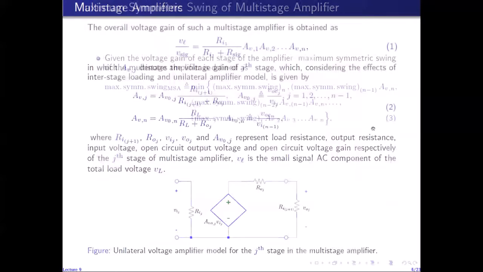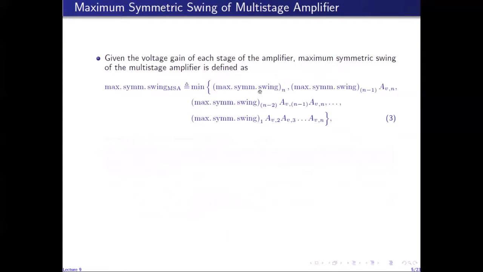So at the final output, we compute the maximum symmetric swing because of the output stage. We compute the maximum symmetric swing of the second last stage and multiply it with the gain of the final stage. This quantity represents the contribution of the second last stage to the maximum symmetric swing at the final output.